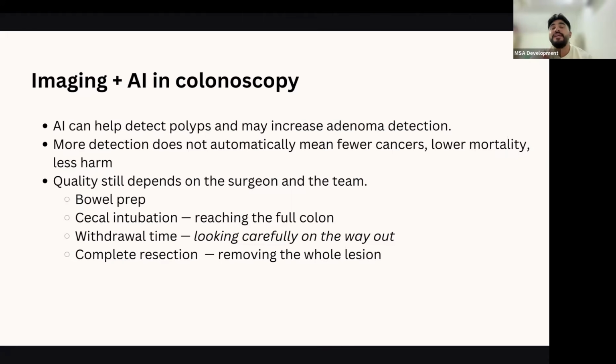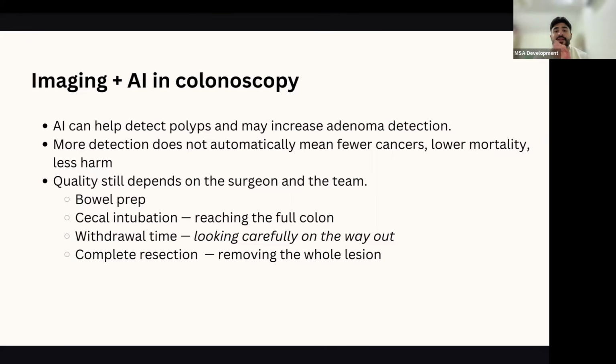But that doesn't really translate to fewer cancers or lower mortality or less harm. Detection does not mean that we go and treat. It's only just to say that this is the prevalence, the percentage, the chances of having polyps in such a population.